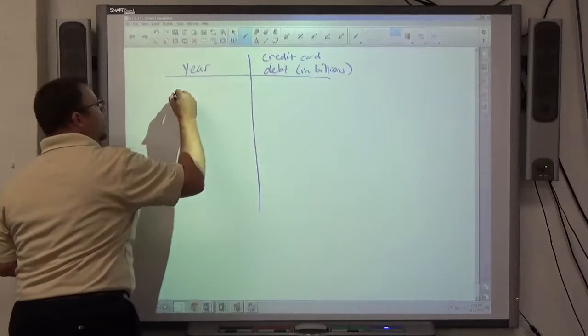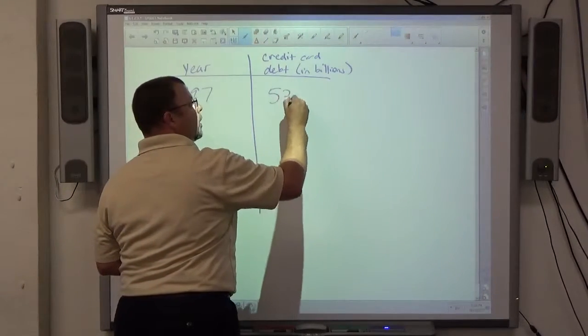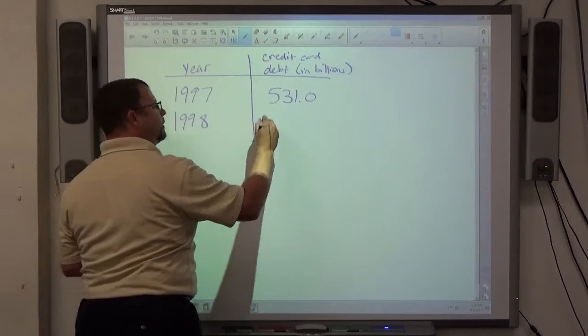If I get something wrong here, correct me. The first year is 1997, the debt was $531 billion, right? And then 1998 is what? 562.5.